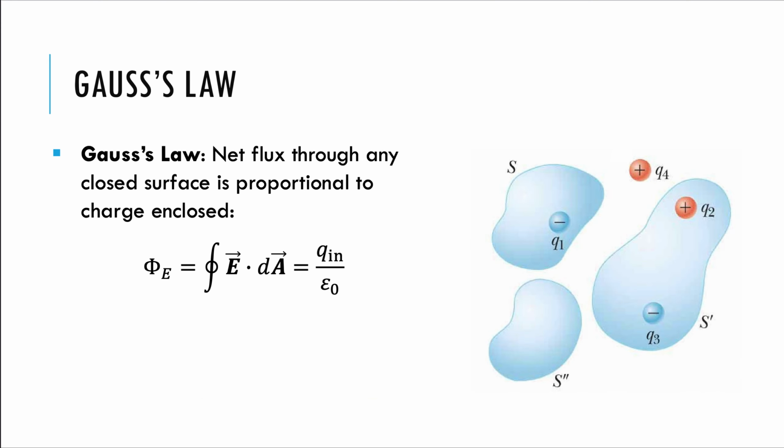So now we're ready to state Gauss's law. It states that the net flux through any closed surface is proportional to the charge enclosed. So it doesn't matter if it's one point charge or many, we get the same exact result.